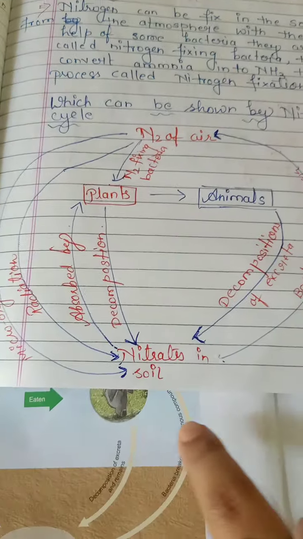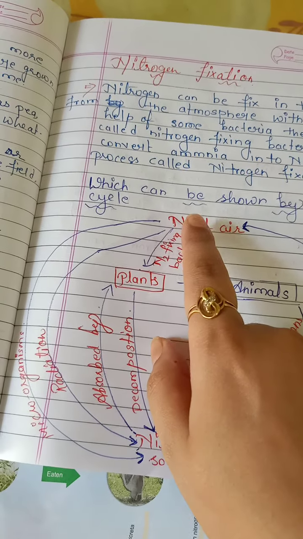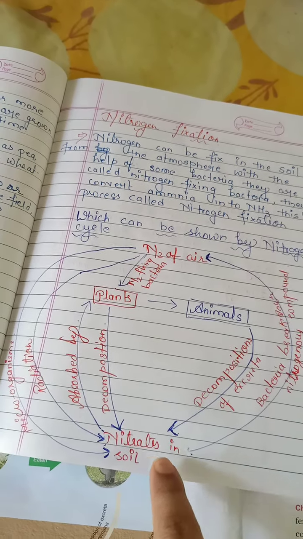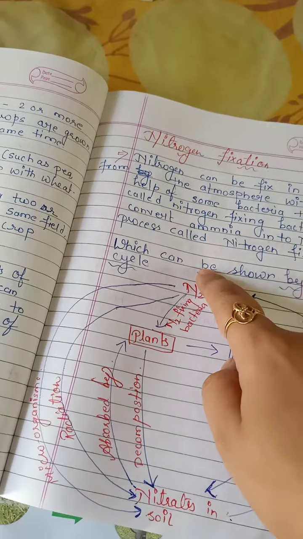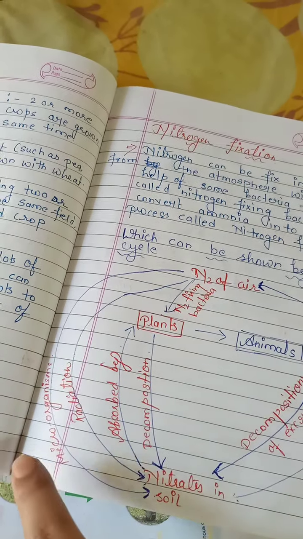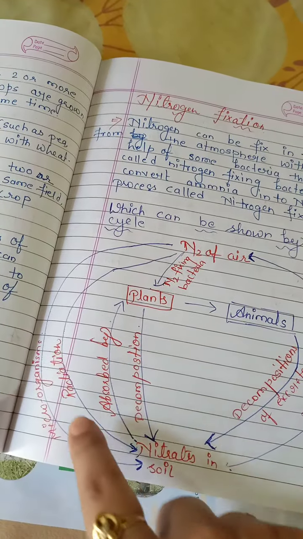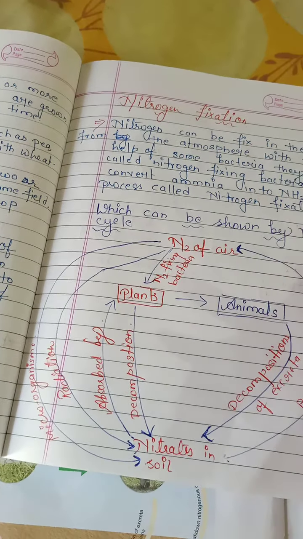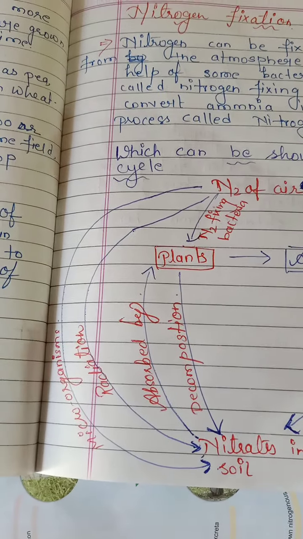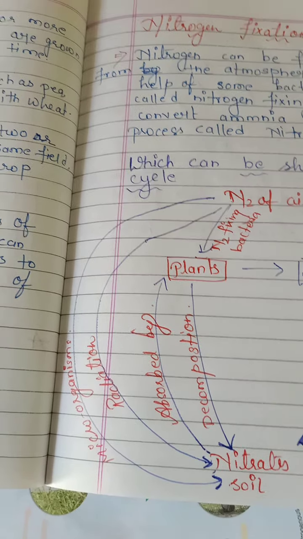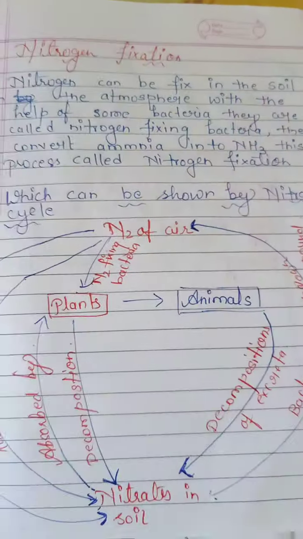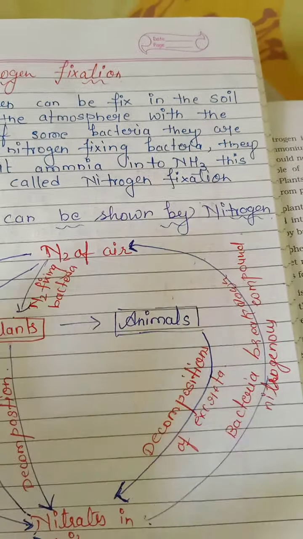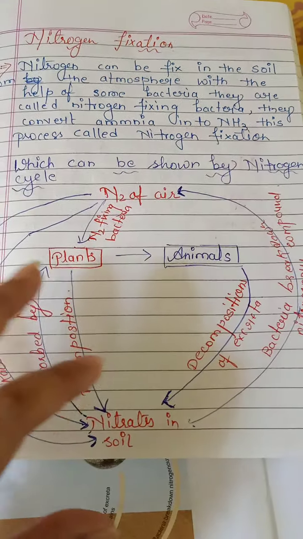So this is the nitrogen cycle: from air to plants to soil, from plants to animals to soil, from soil by microorganisms to the air, and from air with the help of microorganisms and ultraviolet radiation into the soil, and this nitrogen is absorbed by the plants. As I used to say, wheat and barley, rabi crops, need more nitrogen for their growth. So this is the nitrogen cycle or nitrogen fixation.